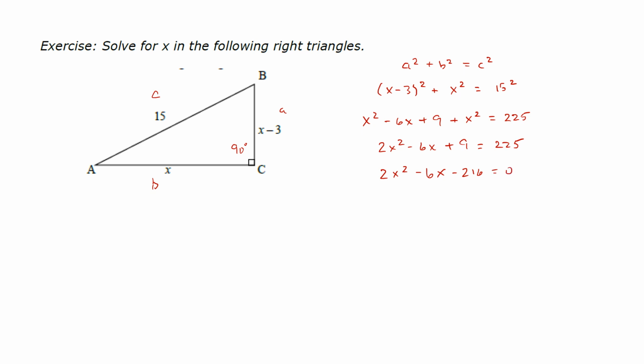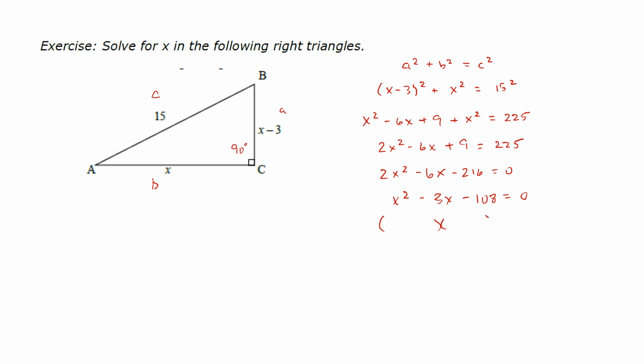Okay, so now I can put this in factored form, but I want to simplify it a little more. Each of the coefficients on the left side are all divisible by 2. So I'm going to divide everything by 2. And I get x squared minus 3x minus 108. And now this is in a more simplified form, which will then allow me to factor this a lot quicker.